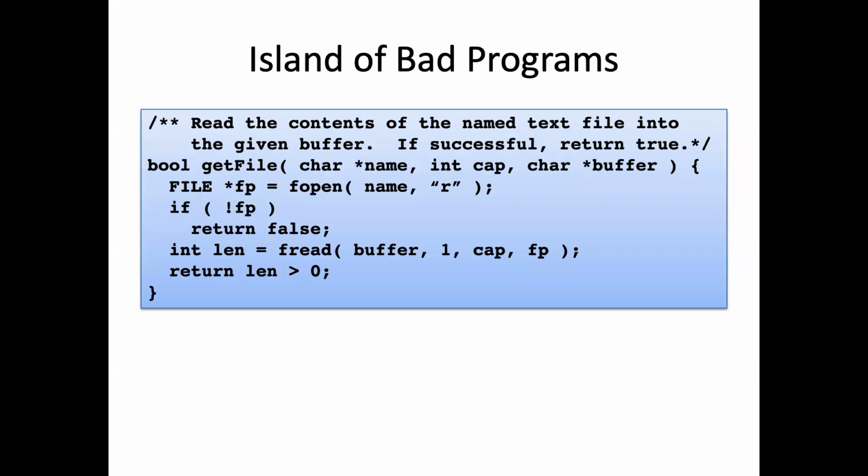Another bad program. Here we're doing something similar. We're going to read some data from a file, but instead of giving the function a file that's already open, we give the function a file name. It counts on opening the file. If we can't open the file, it returns false. Instead of returning the buffer to the caller, the caller is responsible for allocating the buffer.